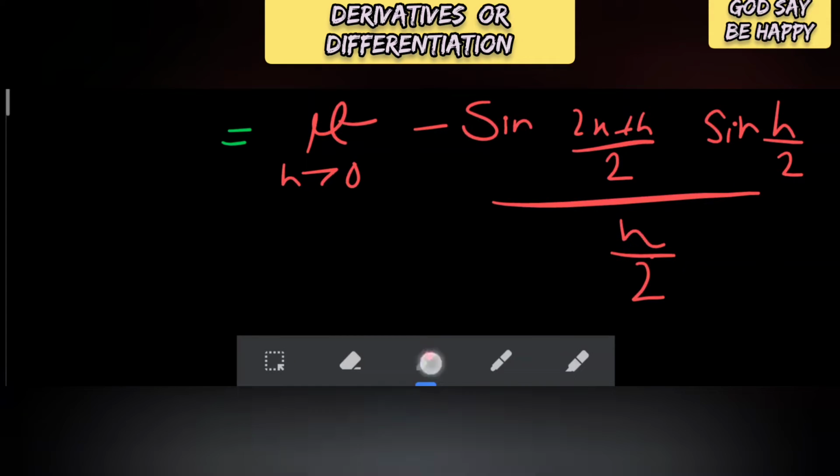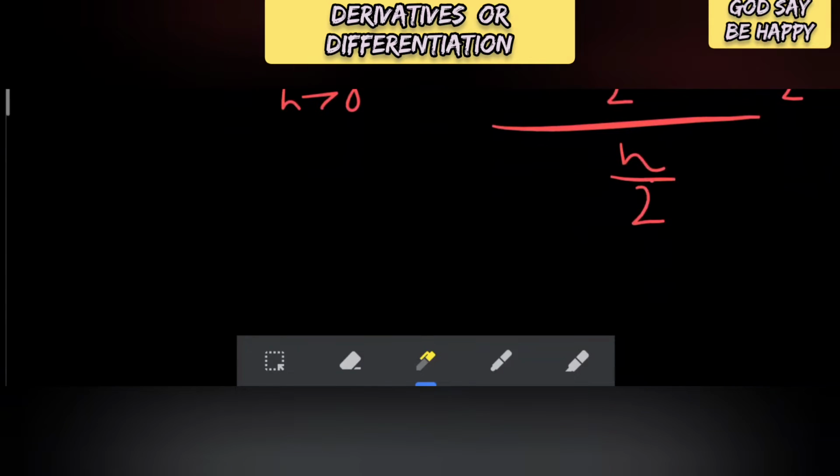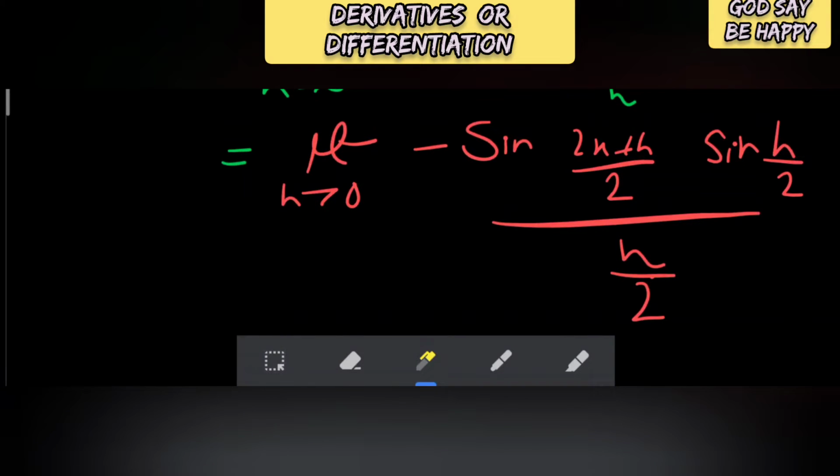Using the limit property, we can see that this will become 1, as sin x upon x is 1. Now we are using the limit, and as we apply the limit h → 0, this will be sin x.